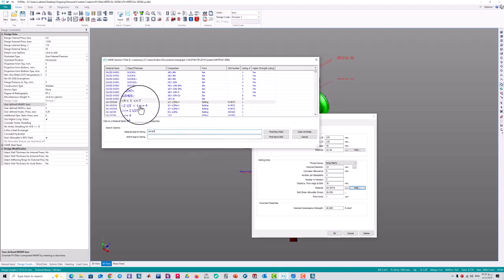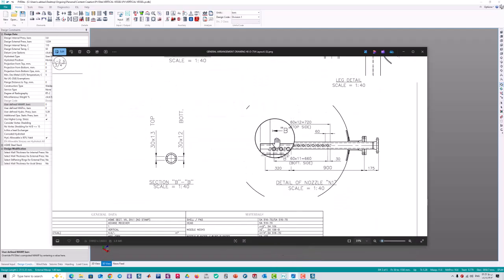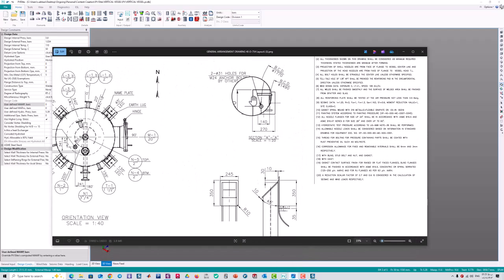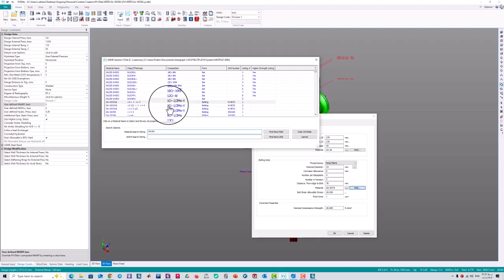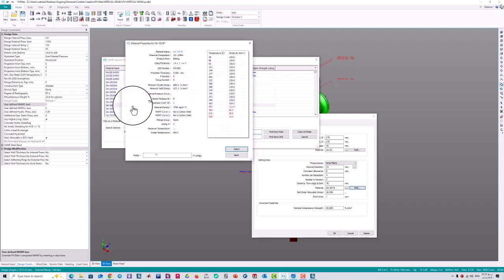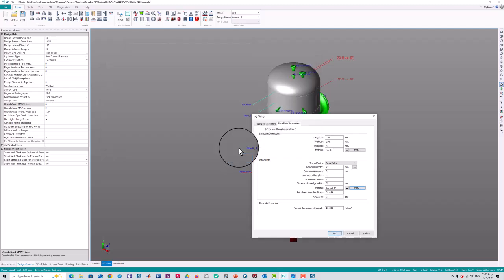And for the bolt, something is given in the datasheet. SA193 B8 is the material for the anchor bolt, and the thread series is taken as thermometric.